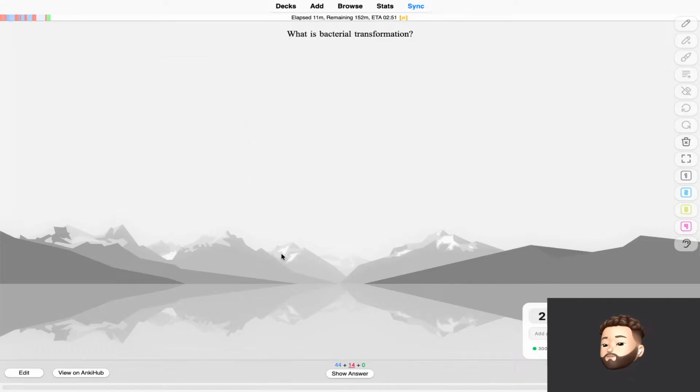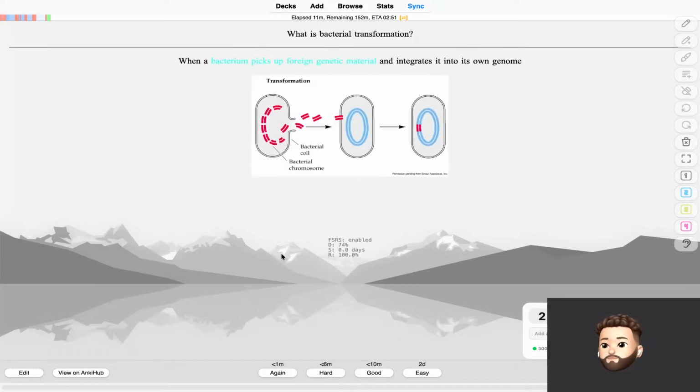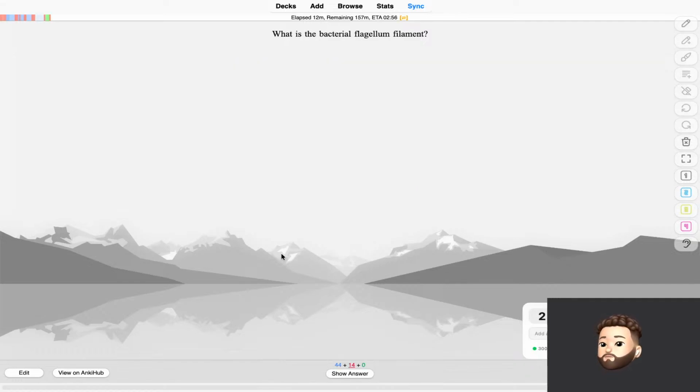What is bacterial transformation? It's when a bacteria integrates foreign genetic material into its own genome. What is the bacterial flagellum filament?